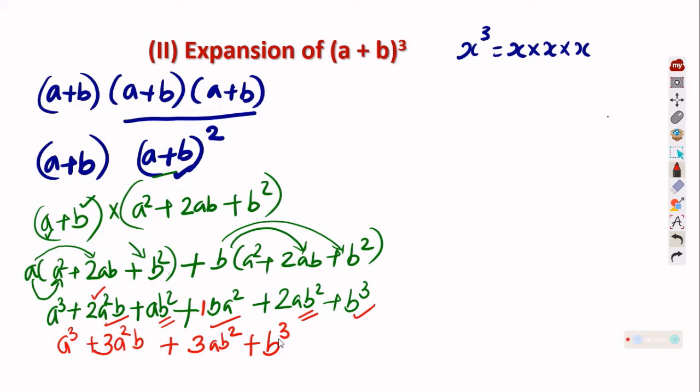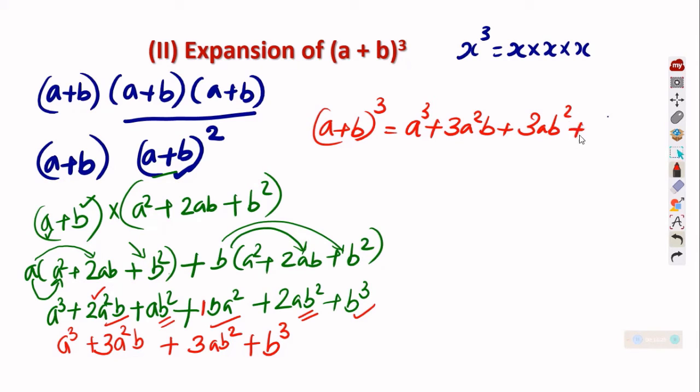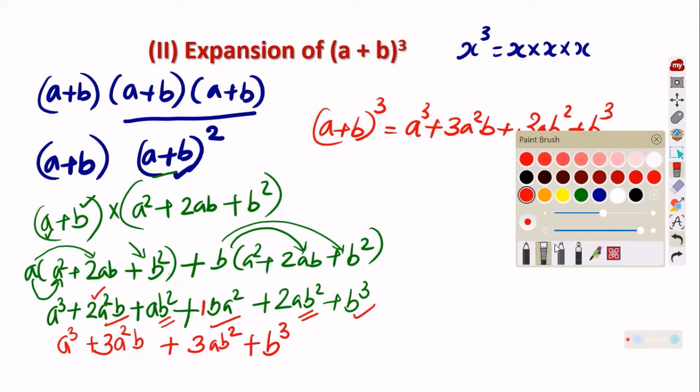(a+b)³ became like this. Okay, so the expansion tells that (a+b)³ is equal to a³ plus 3a²b plus 3ab² plus b³। आपको अच्छा से याद रखना है ये। Why?